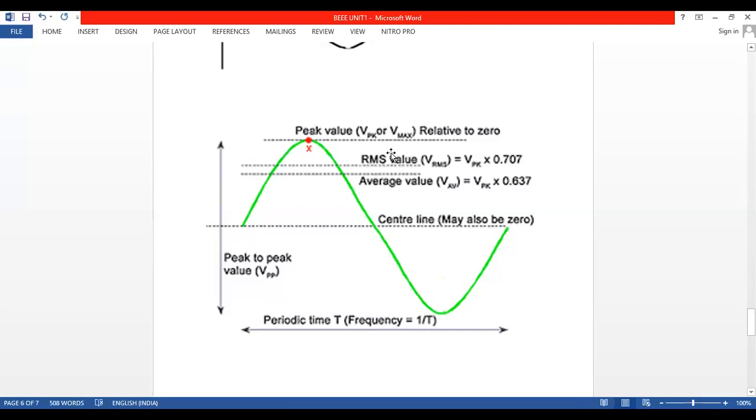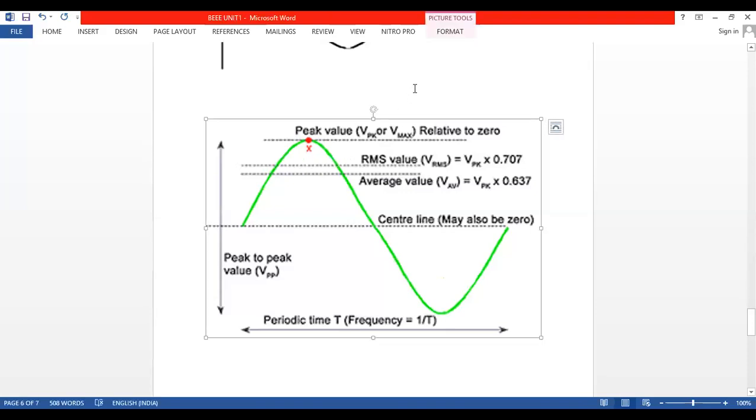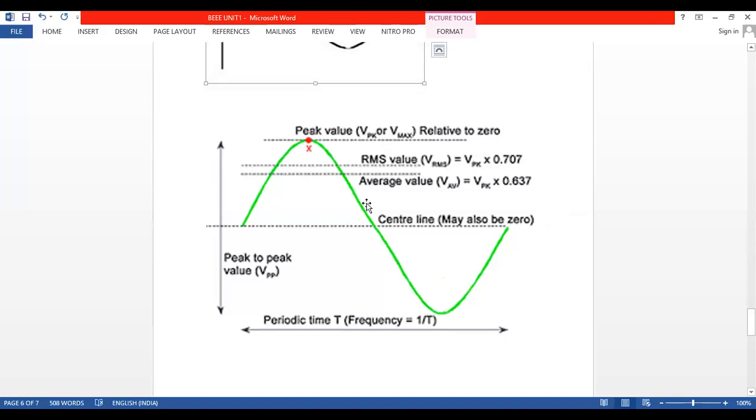Next, which current are you seeing on the screen now? RMS value. Now for RMS, they have shown certain dotted lines. That means RMS current is a portion or a part of AC current which performs the real work. So what is the formula for RMS current? 0.707 times V maximum or V peak.